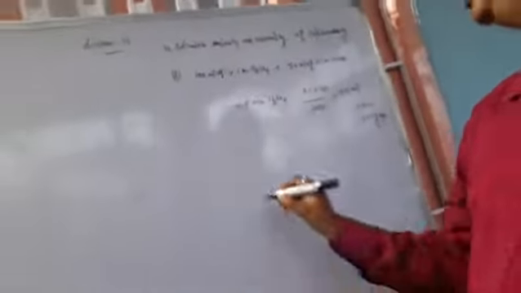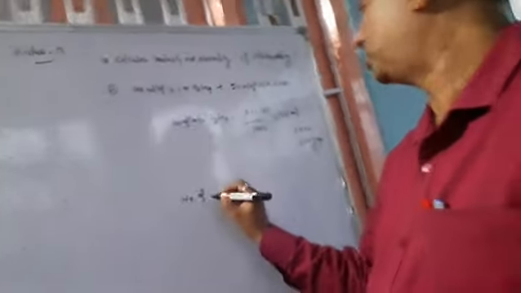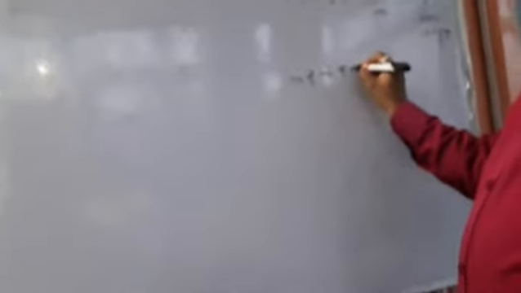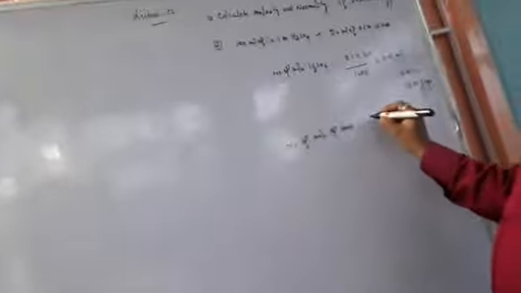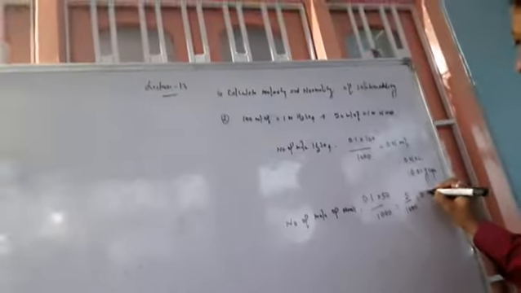Similarly, the number of moles of NaOH is 0.1 into 50 upon 1000, that is 5 by 1000, that is 0.005 mole, and the equivalent is 0.005 gram equivalent.